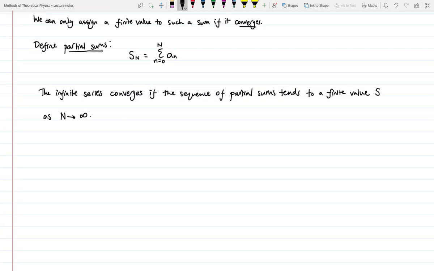We can write this as the limit, as N tends to infinity, of the partial sums is this finite value S.